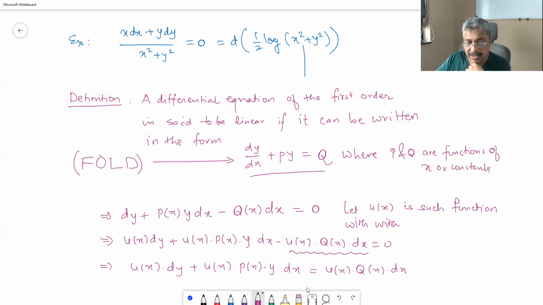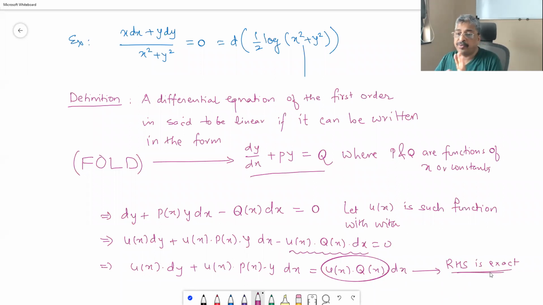That is what we get, and this in total is a function of x. Therefore we can say the RHS is exact, because after integrating this, we will get some function of x.